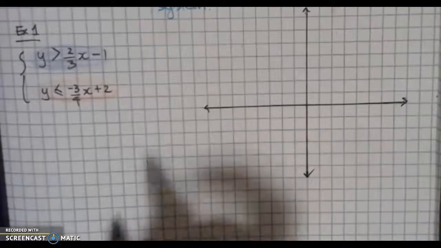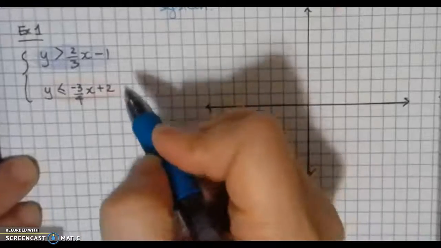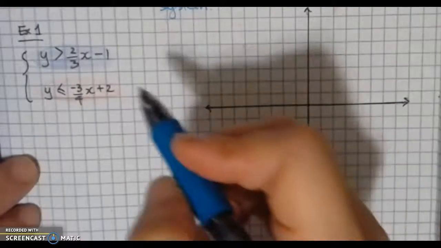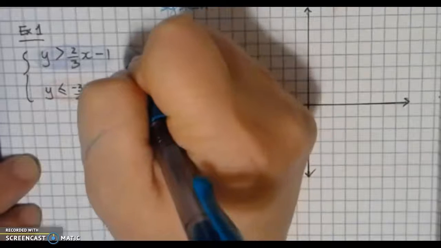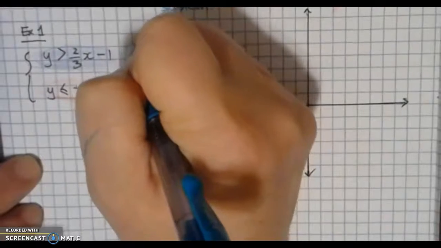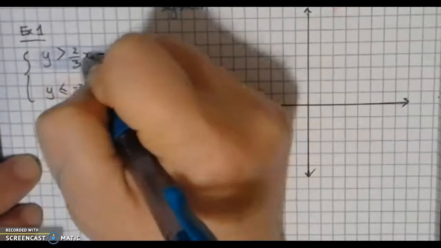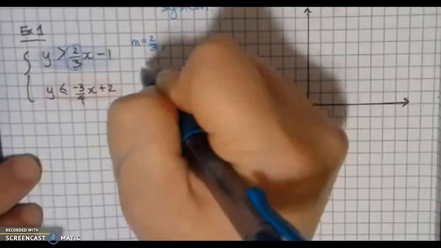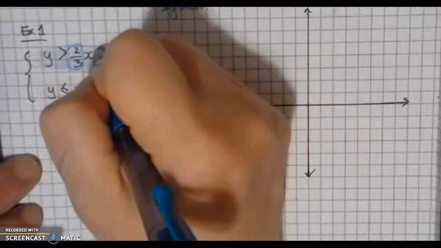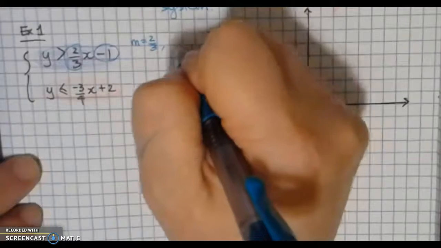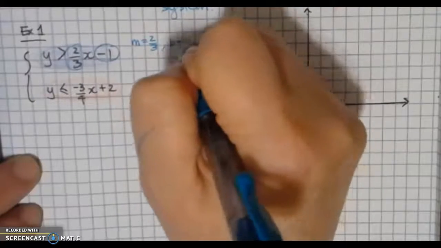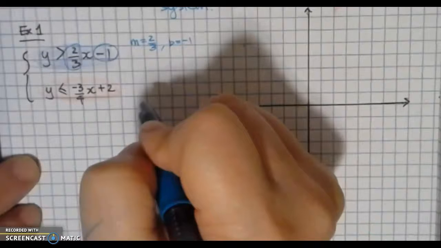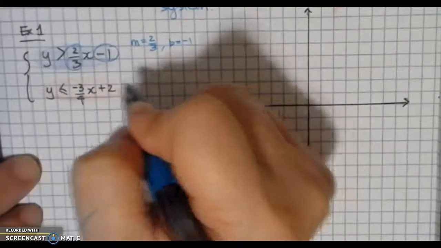Okay? Alright, so let's start by looking at the blue inequality. What do we know about it so far? In order to graph this, we need to start by graphing the line, so we need to know the slope. Slope is the number in front of the x, that's 2/3. The y-intercept is the number without the x, so b is -1. Are we going to use a dashed line or a solid line?